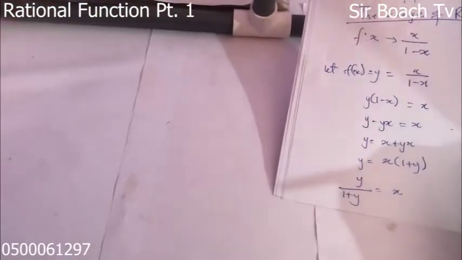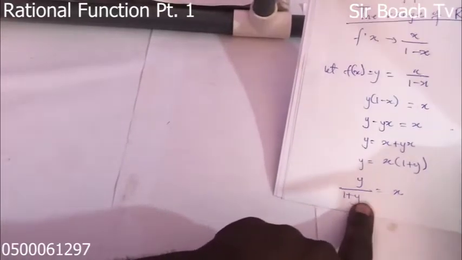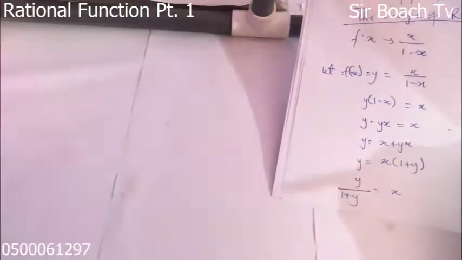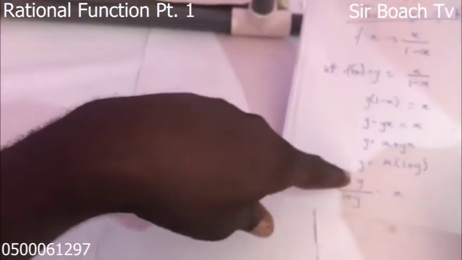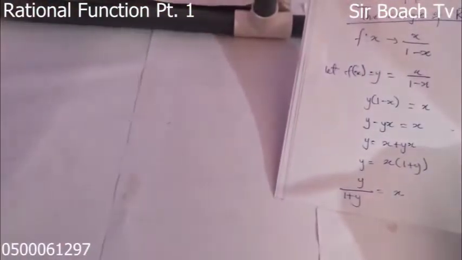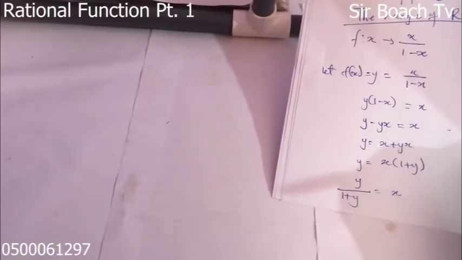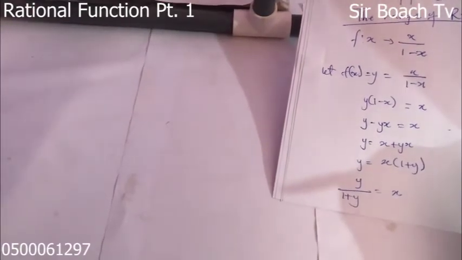All real numbers except negative 1, because if we put any other number here, we will get something. If we put -7 here, we will get something. If we put 5 here, we will get something. But if we put -1 here, it will be 1 minus 1, and that will be 0. Then we get y over 0, or -1 over 0, and -1 over 0 doesn't hold. So the range for f is y such that y belongs to all real numbers except -1.